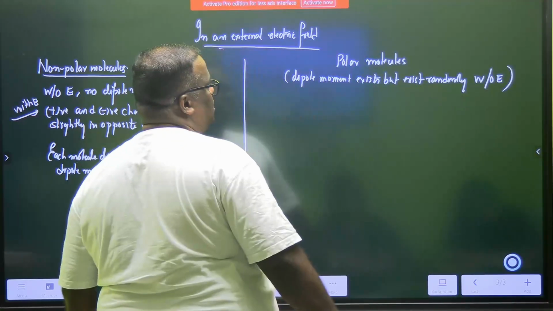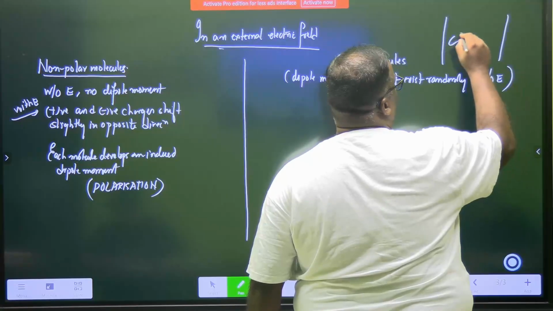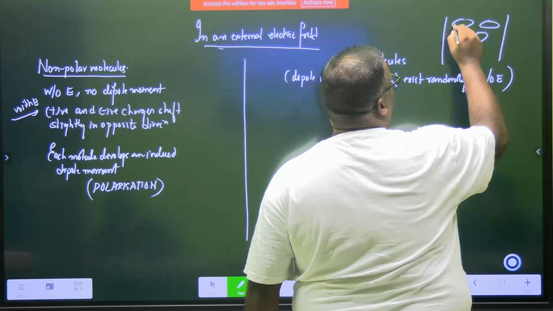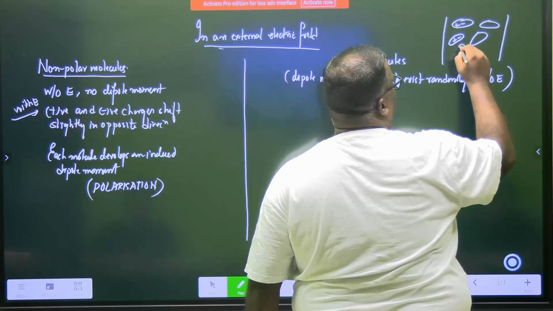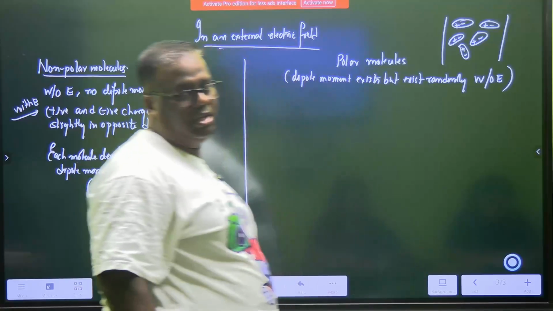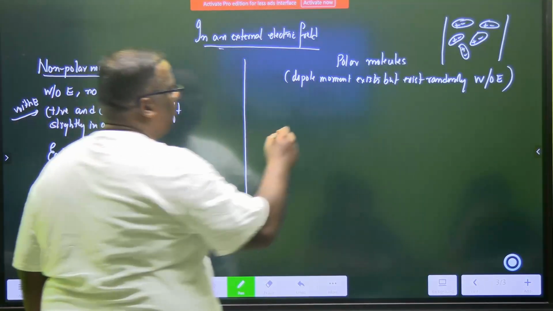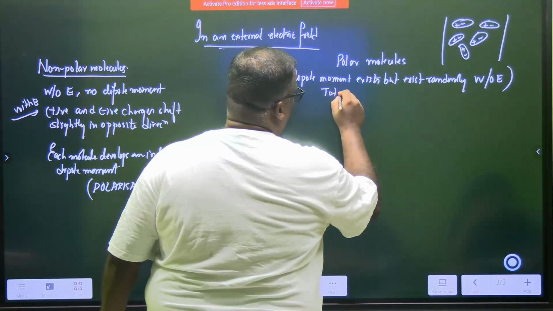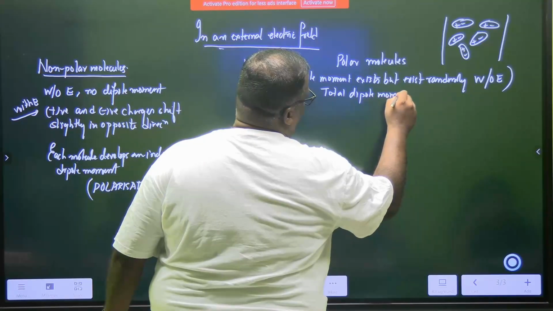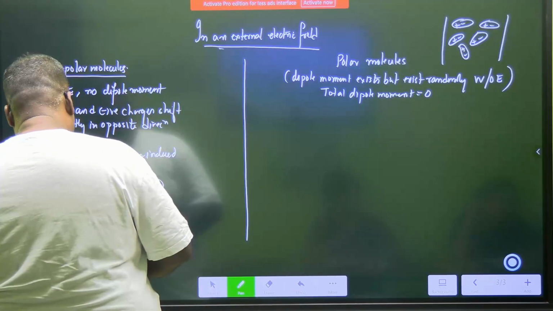Dipole moment exists randomly, which means your particular dielectric will be seen like this: plus minus, plus minus, plus minus. There are dipole moments, but they are in random directions. So the total dipole moment average was taken as 0. Although there is a dipole moment in them, the total was taken as 0.